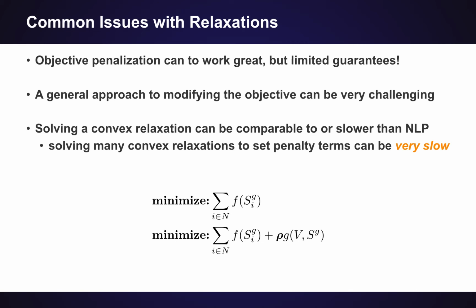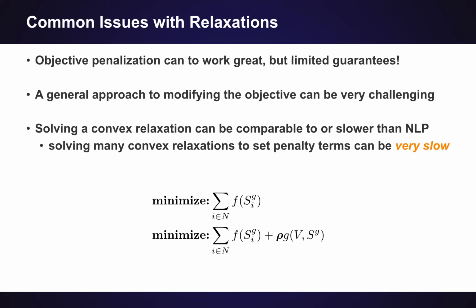Yeah. And I think that is also an interesting thing to note here, that as far as we observe, sometimes local solvers can be very fast, where convex relaxation can be very slow.